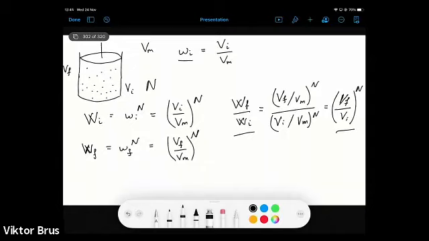We considered these statistical weights for the final and initial conditions of our model system, a thermally isolated cylinder with a membrane inside.